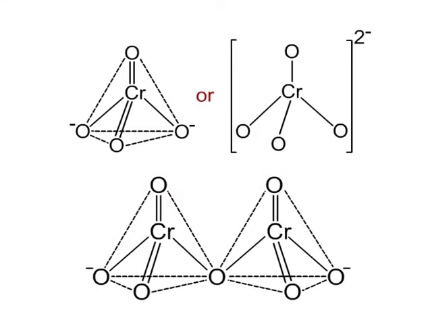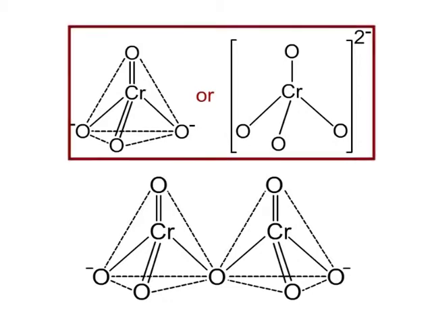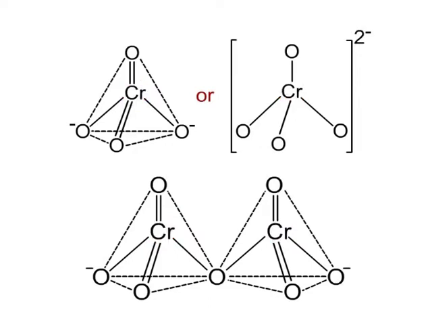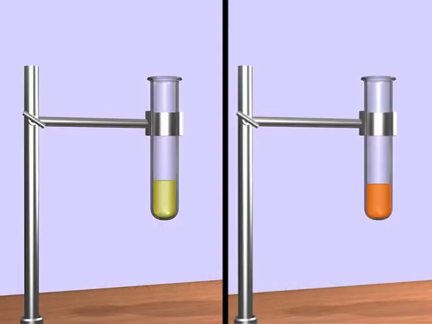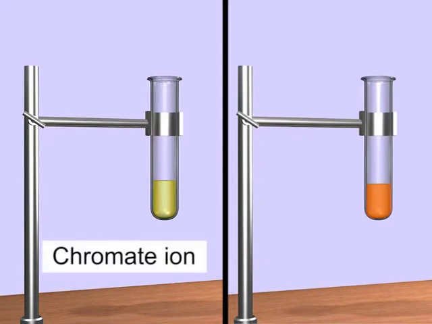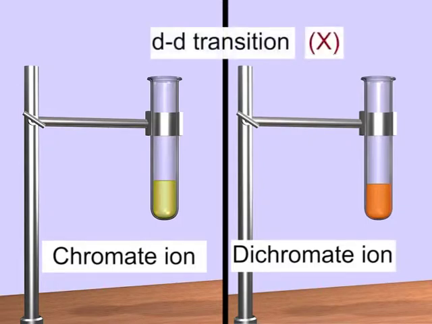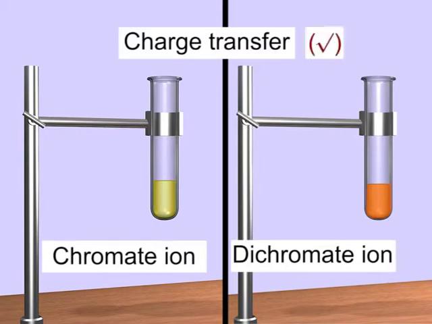Children, here it is important to note that in both chromate and dichromate ions, chromium has d0 electronic configuration. This means that the yellow color of chromate ion and the orange color of dichromate ion are not due to the d-d transition, but it is due to charge transfer.